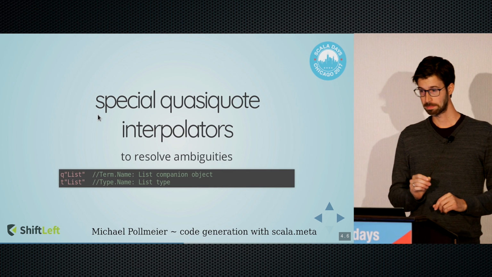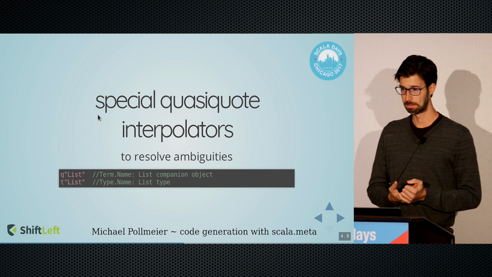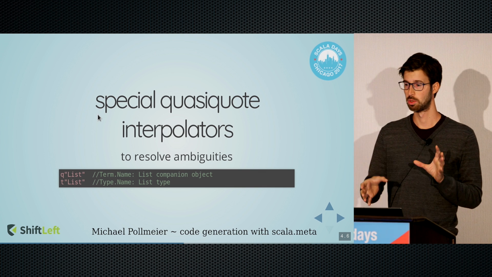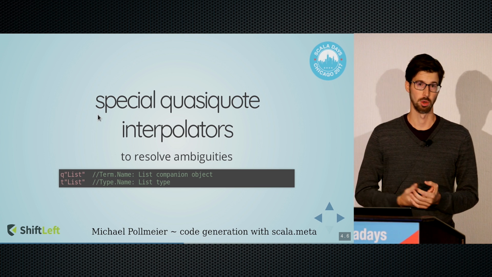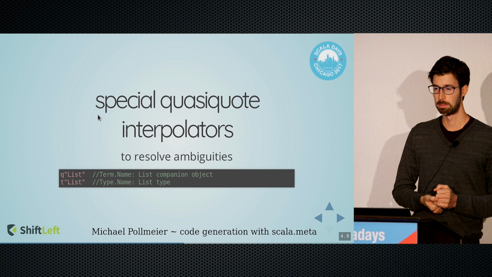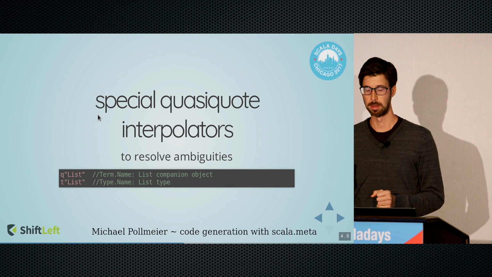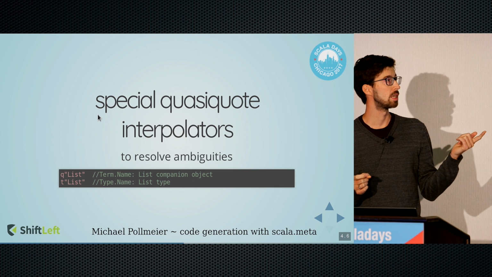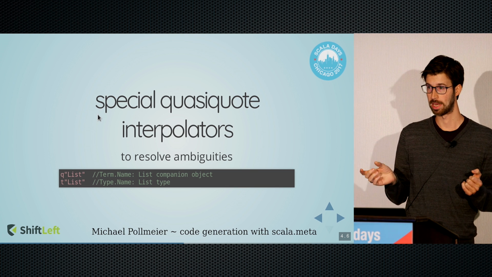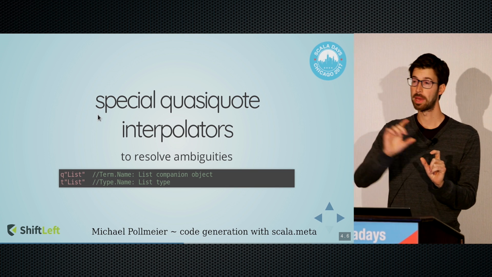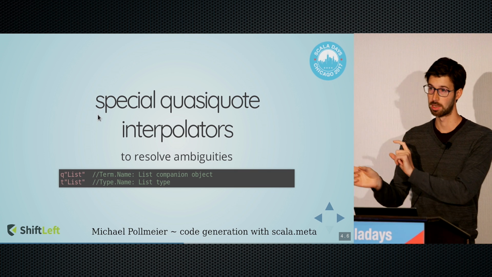One thing worth noting is that there's a few special quasi-code interpolators. So q is the default one that you go to, but sometimes that's ambiguous. In this case, q"List", what you get is the term name, the name of the companion object of the list.